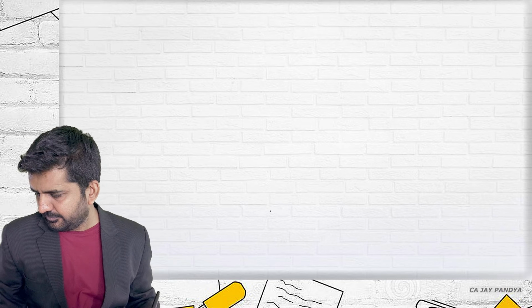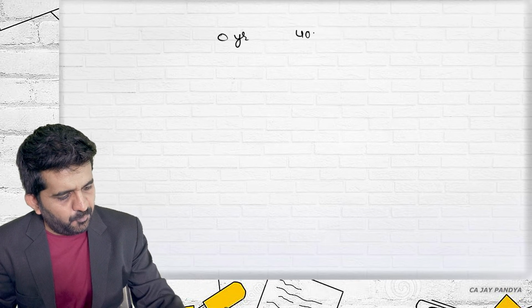Next, question number 60. A machine was acquired at rupees 4 lakh with an expected useful life of 10 years and residual estimate at 10% of the original cost, that is 40,000. At the end of the third year, at year 0 it is 4 lakhs.